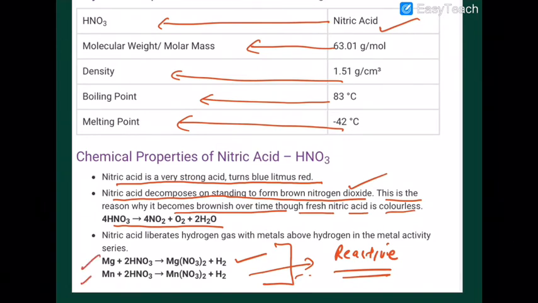Only with magnesium and manganese can you see the true acidic character of nitric acid, that they are able to liberate hydrogen.